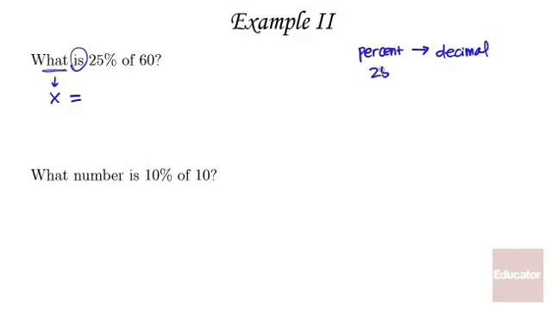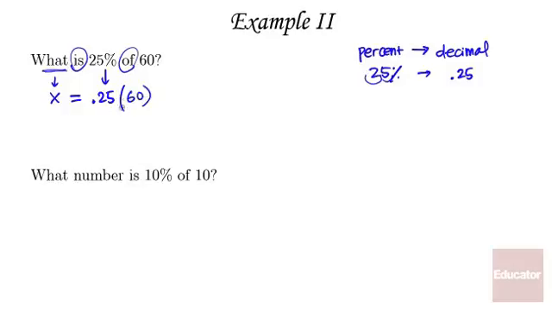So I'm going to change 25%. Start right here at the end. You're going to go in 1, 2. It's going to be 0.25. "Of" means times. And again, since you're multiplying two numbers together, you're going to write it in parentheses like that.